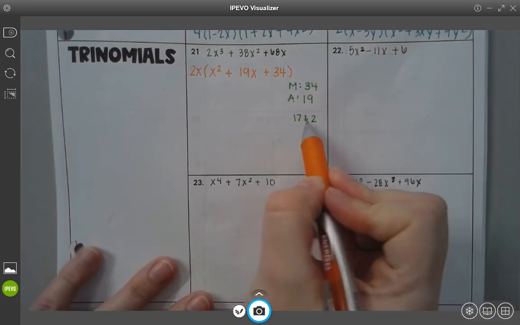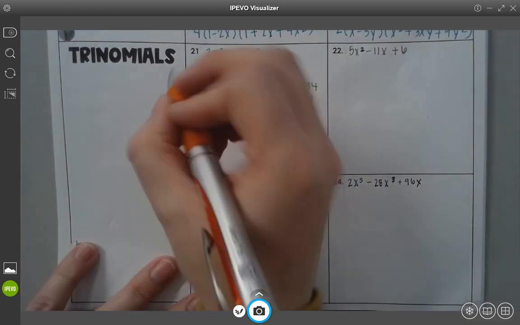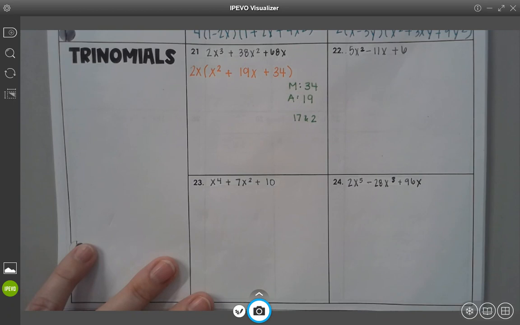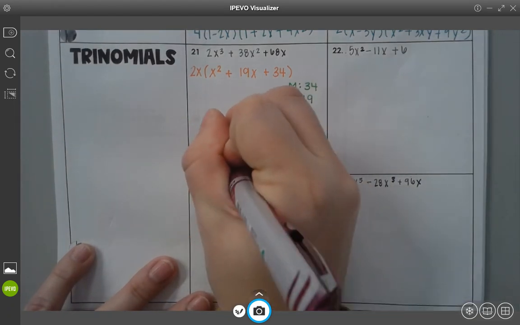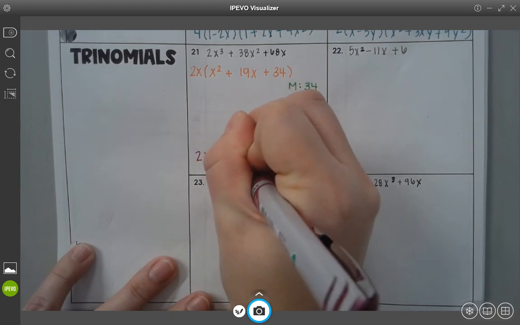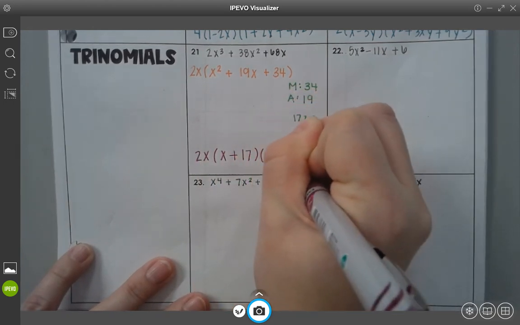And if you'll remember, we take those numbers and put those in parentheses with the x. So I've got my GCF, which is 2x, and then x plus 17, x plus 2.